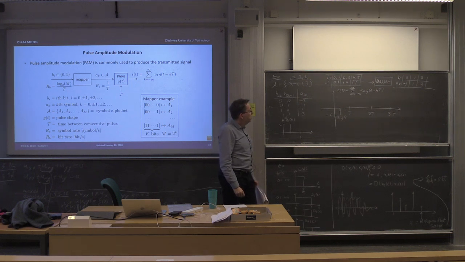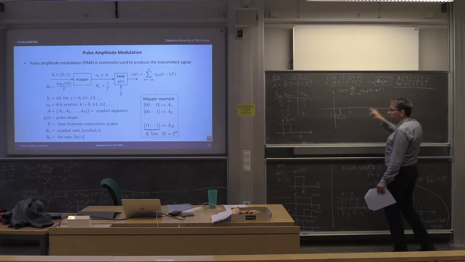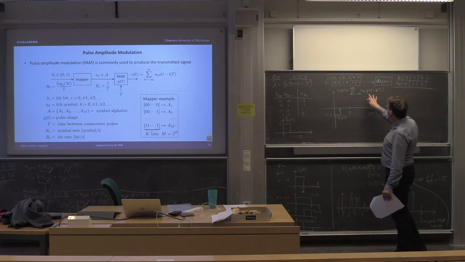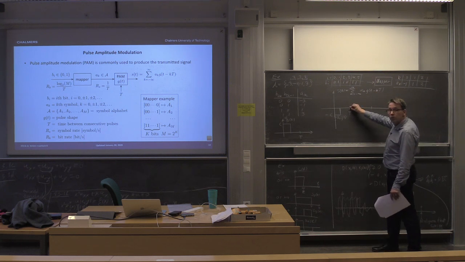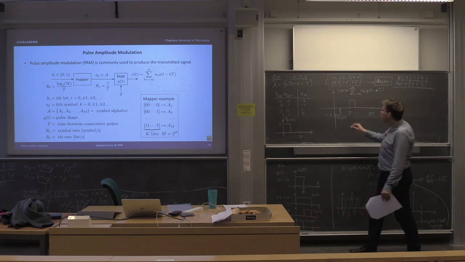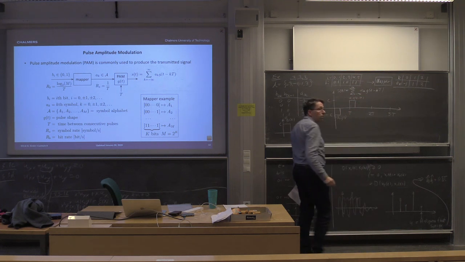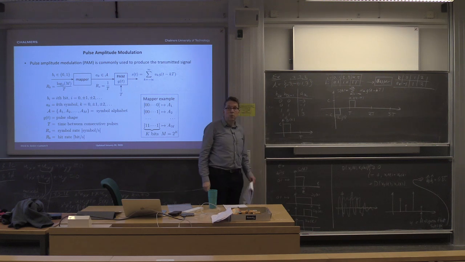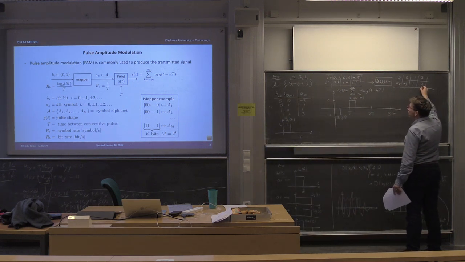Okay. Second pulse, amplitude 1. So 1 times g of t, but then shifted T seconds. So it will start at this point, like this, where this is C. So here we have A1 g of t minus T, like this. Okay, and then we just continue. So the third symbol happens to be 3.